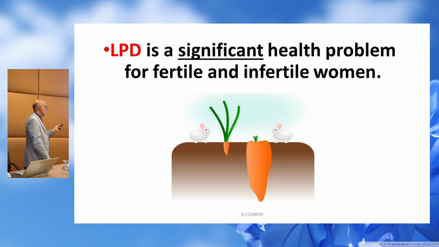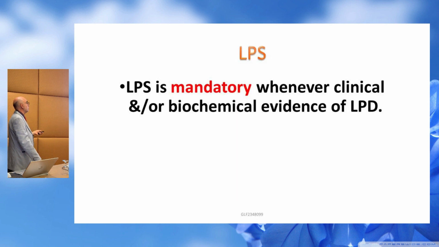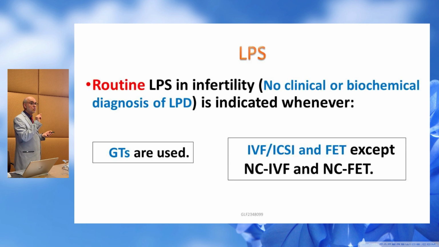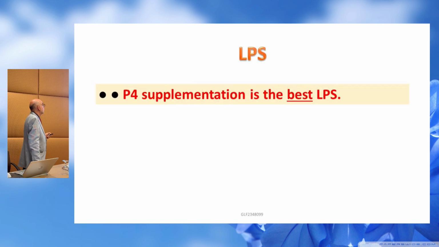So it is either overestimated or underestimated. Luteal phase support is mandatory whenever there is clinical and or biochemical evidence of luteal phase deficiency, and routine luteal phase support in infertility is indicated only in patients who are receiving gonadotrophins or IVF or cryo, frozen embryo transfer, non-natural cycle, okay?